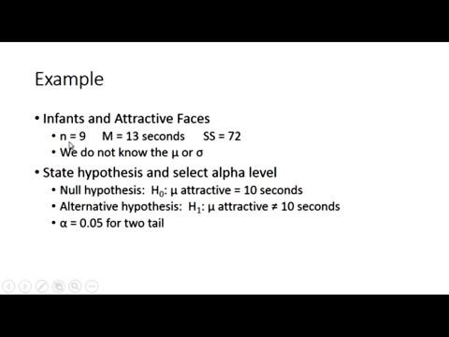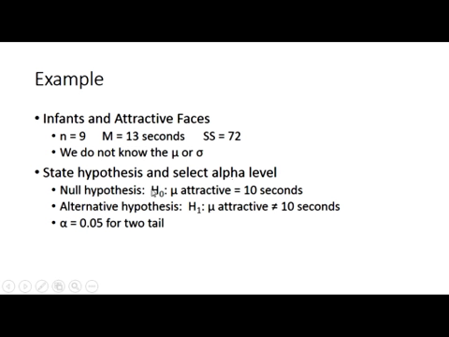So here we have this written out. N of 9, a sample of 9, our sample mean is 13 seconds, and our sum of squares, which we talked about, is 72. We don't know our population mean or our standard deviation. So we're going to state the hypothesis and select an alpha level.